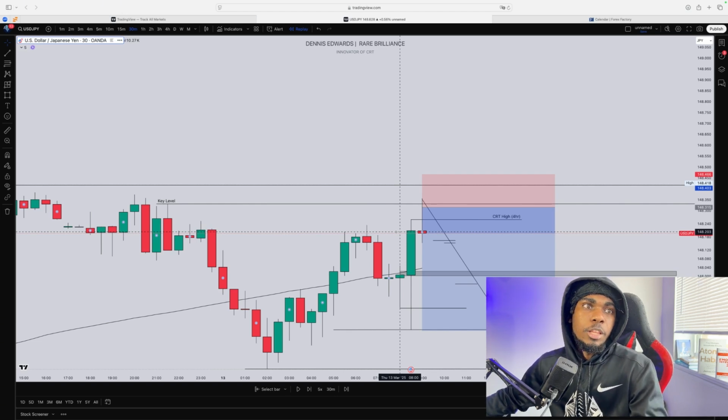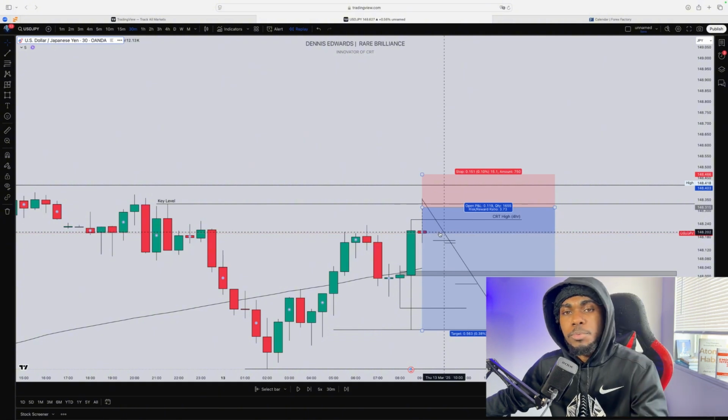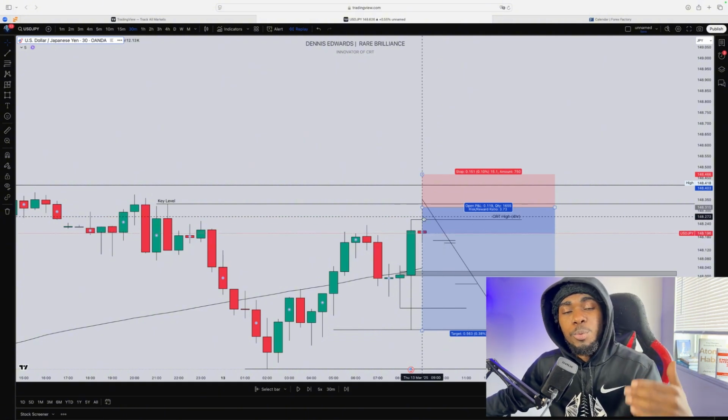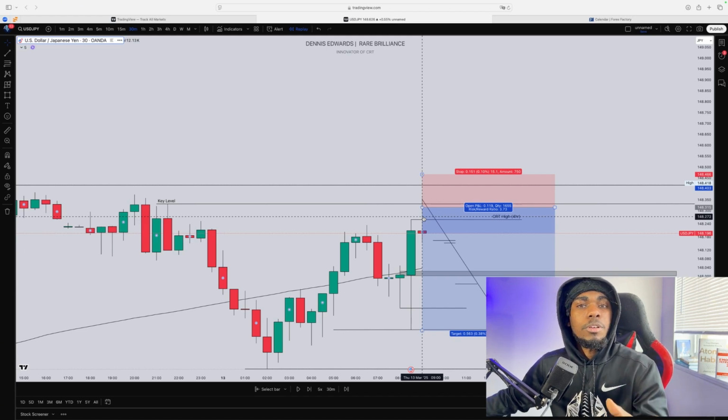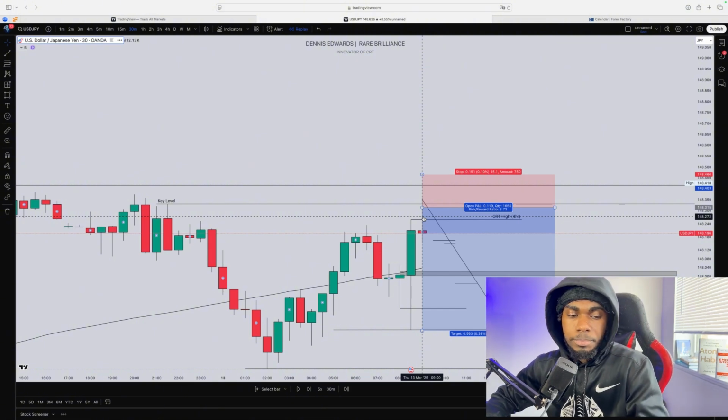Normally you'll want to enter on the candle after this one, but the way that I entered is the way to get the very best entry possibility for the trade, but it is entering in the manipulation.